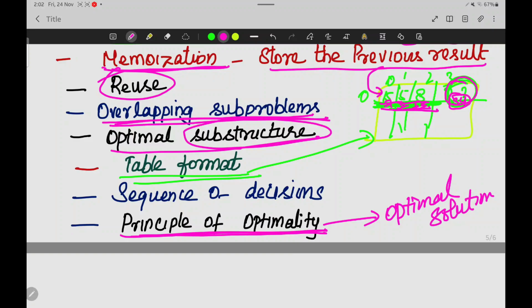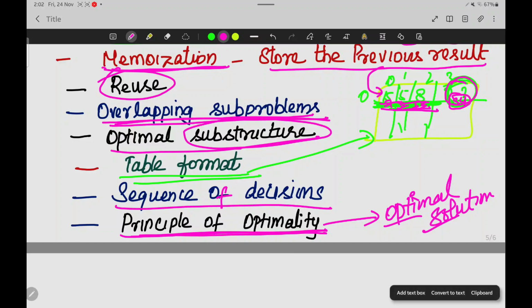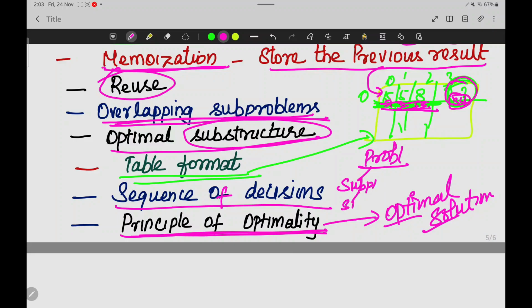We will see what is meant by optimal solution. I'll give you one example. Here we take a sequence of decisions. A sequence of decisions means: what is the solution for a particular problem? This is the problem given. What is the solution for this problem, where it is divided into sub-problem 1?